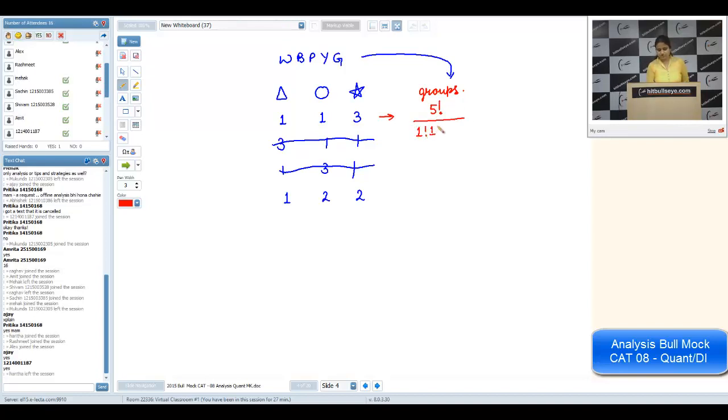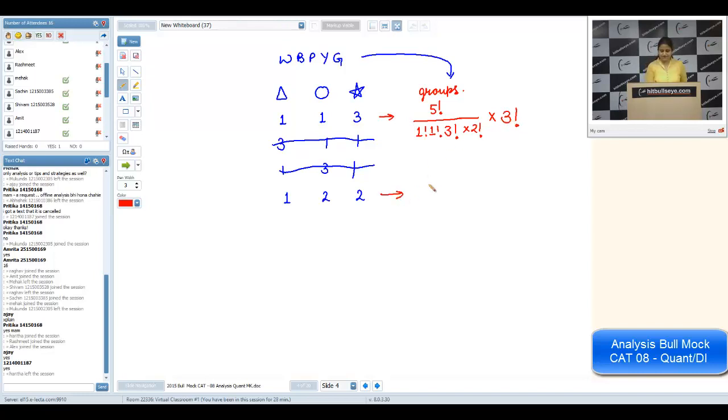You must know grouping for that. So these many groups of 1, 1, 3 can be made in these many ways. Now we want to distribute these groups among these 3 boxes. That can be done in 3 factorial ways. Are you okay with this, Ajay?